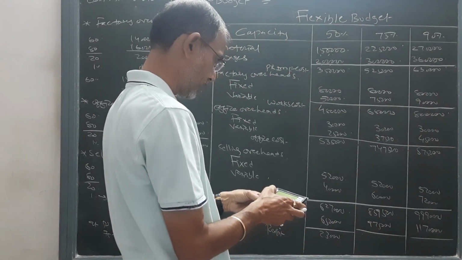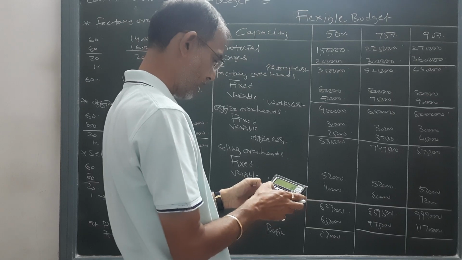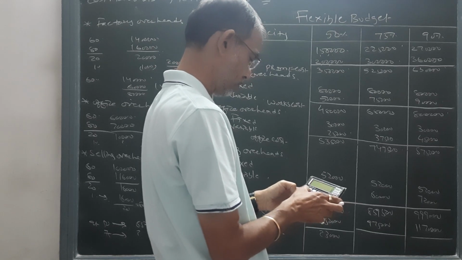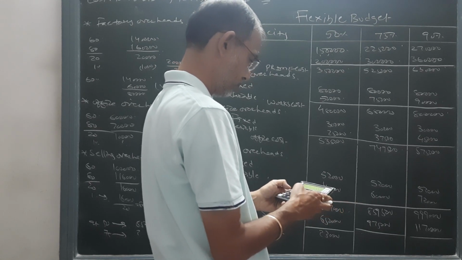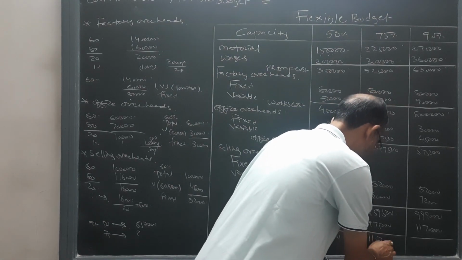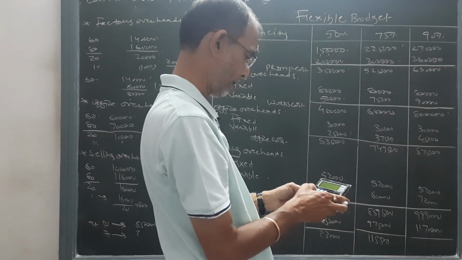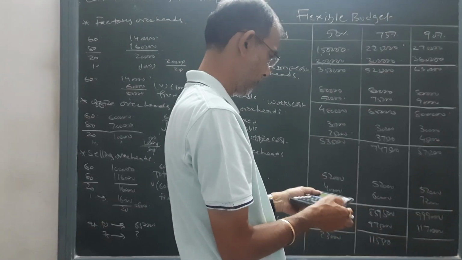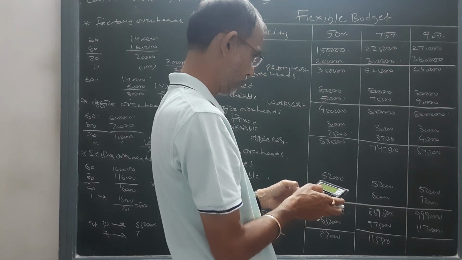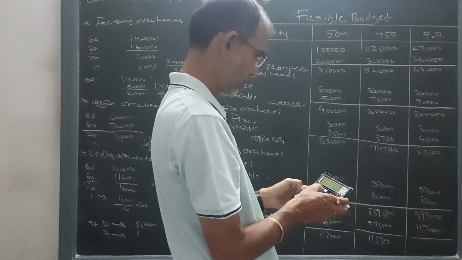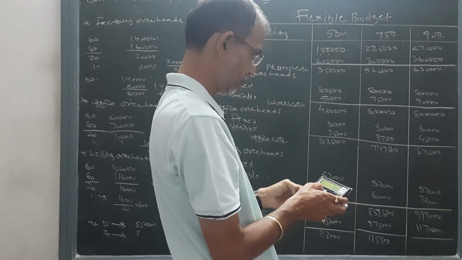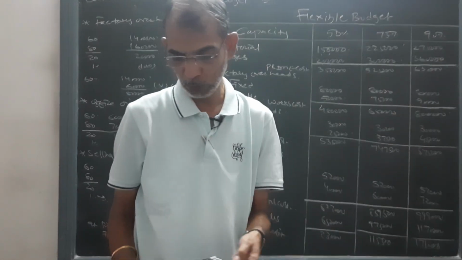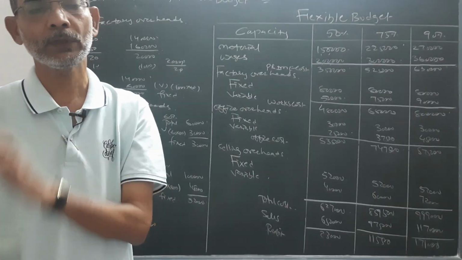So profit will be 975 minus 859,500, 1,15,500, and 1,71,000 will be the profit at 90% capacity.